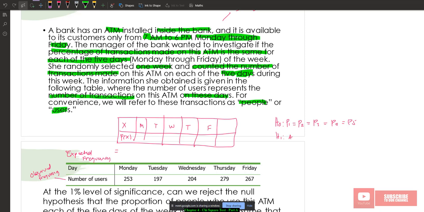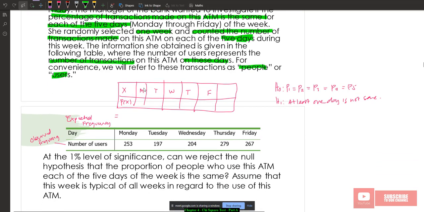Alternative hypothesis, at least one day is not the same, right? At least one day is not the same. So we're going to reject the claim, right? So if our assumption is all the transactions are the same, it should be 5 days divided by 5, so 1 over 5.